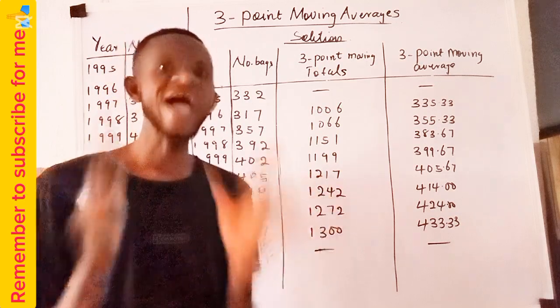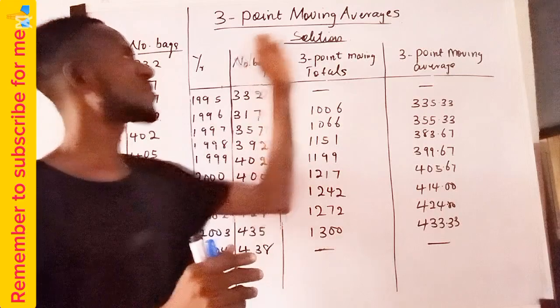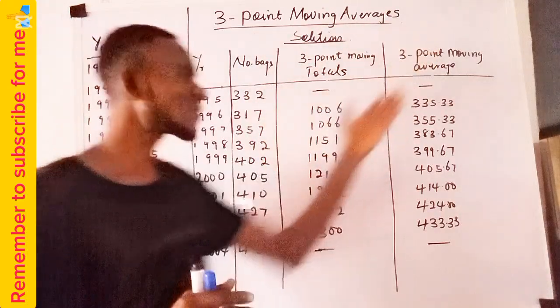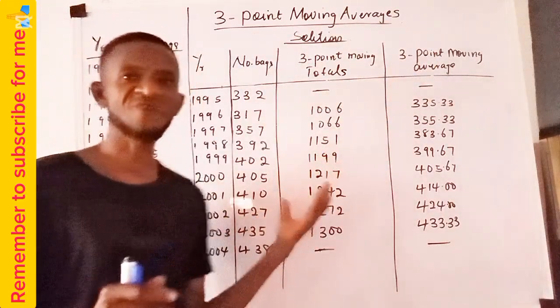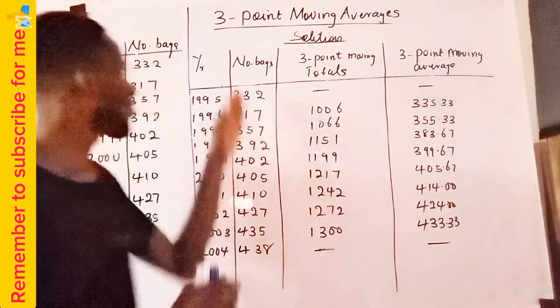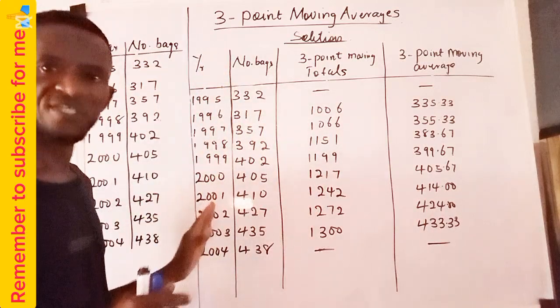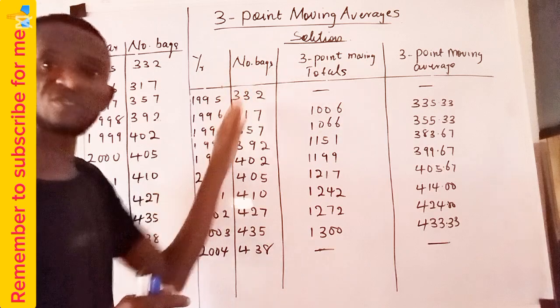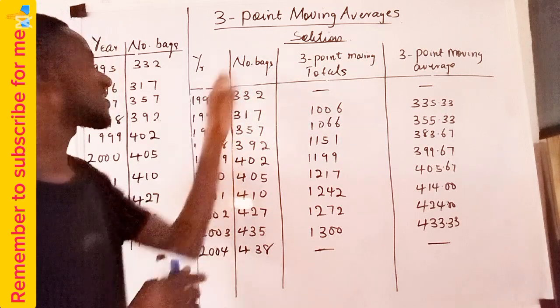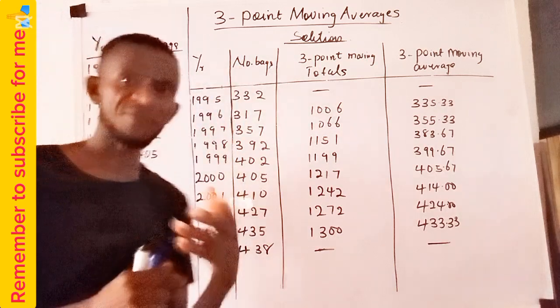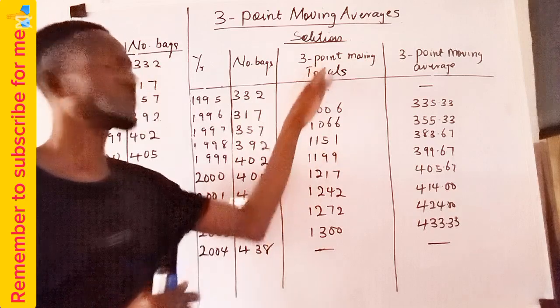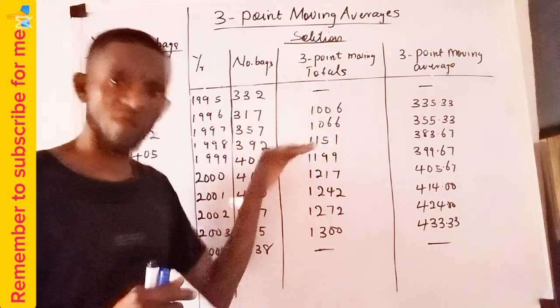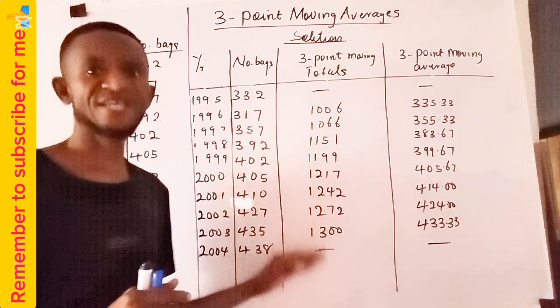So when you are asked to calculate a 3-point moving average, just do the same thing which I have done here. You have your time, which in this context is my year. You have the observations given to you, which in this context is the number of bags. Preferably, start from the 3-point moving totals, going by the explanations I earlier gave to you.